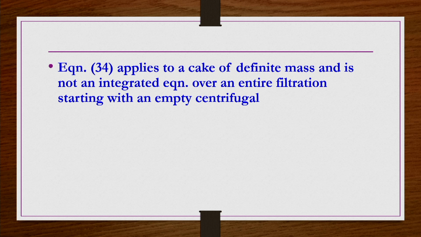As I mentioned at the beginning of the principles of the centrifugal filtration process, these equations are valid for the case where the cake has already been deposited on the bowl surface and liquid is continuously flowing through and being separated as clear filtrate. It is not an overall integrated equation as we have seen in the pressure filtration processes.